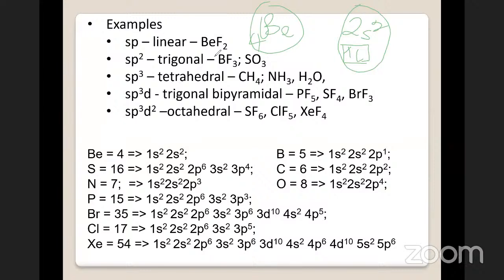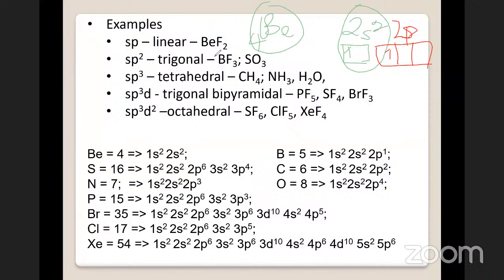Now the theory says electron pair repulsion. So this electron pair will be repelled. One electron is promoted into the 2p orbital, so you have electrons there.